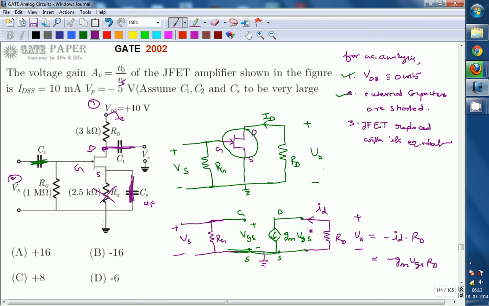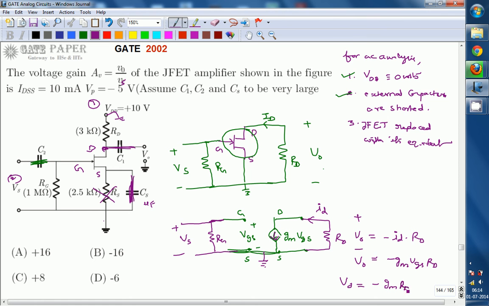The ID value is the same as this current source. So you are replacing ID with GMVGS, and this is what V0 is equal to. We can write V0 is equal to minus GM into RD times VGS.